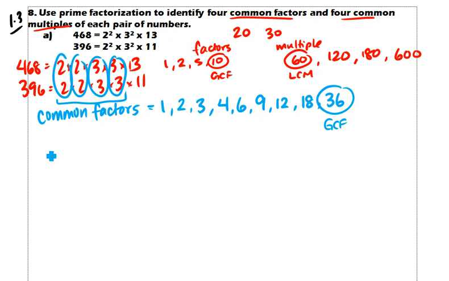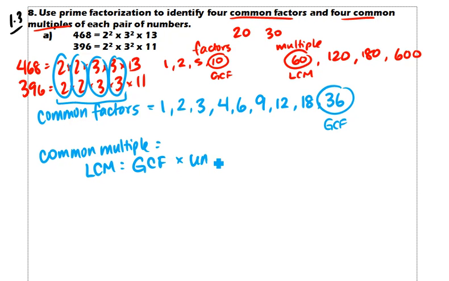Now let's look at common multiples. In order to find a common multiple, I do need to find the lowest common multiple. The way I do that is we use the equation we learned in class. The lowest common multiple is equal to the greatest common factor times any uncommon prime factors that we have found. Now we notice that the GCF, or the greatest common factor, was 36.